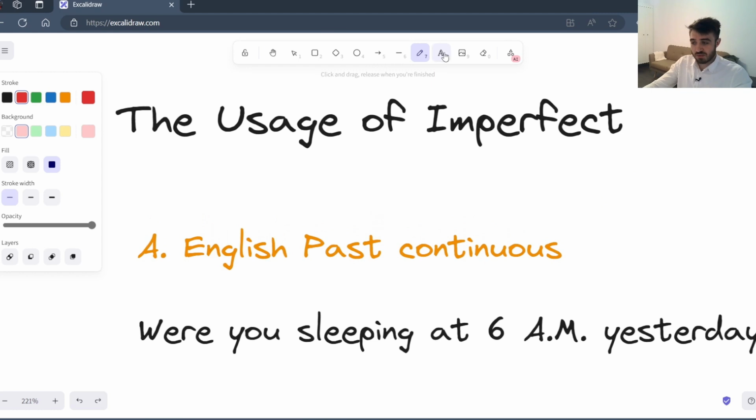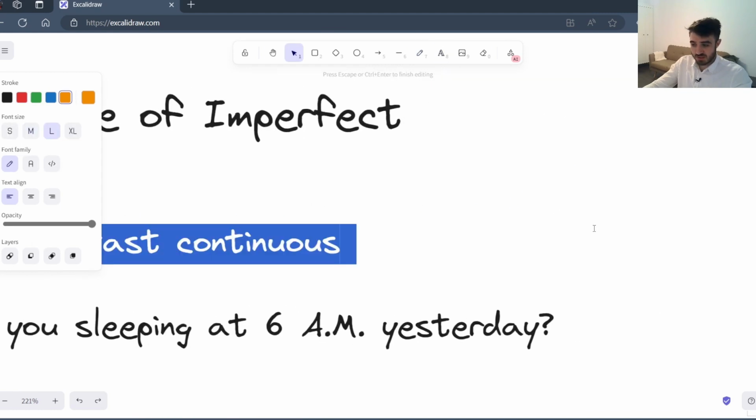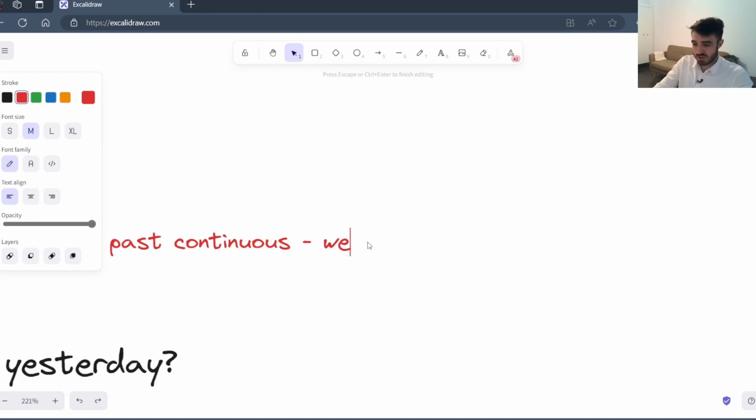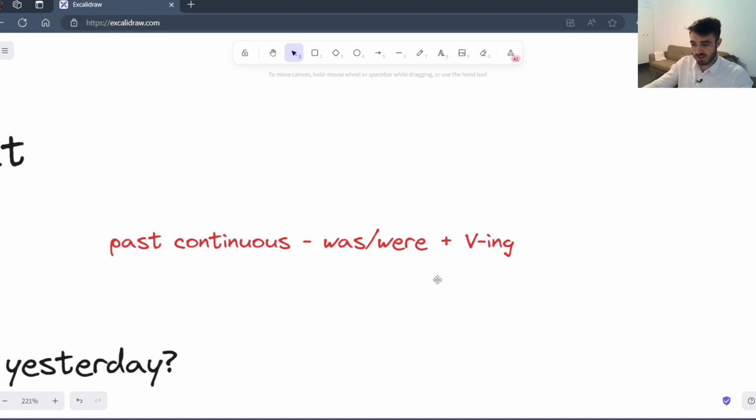I know some people might have no idea what past continuous is, and that's why I'm going to explain it very quickly here. So past continuous was, were plus a verb with ing. So I was sleeping. They were jumping. She was eating, and so on.